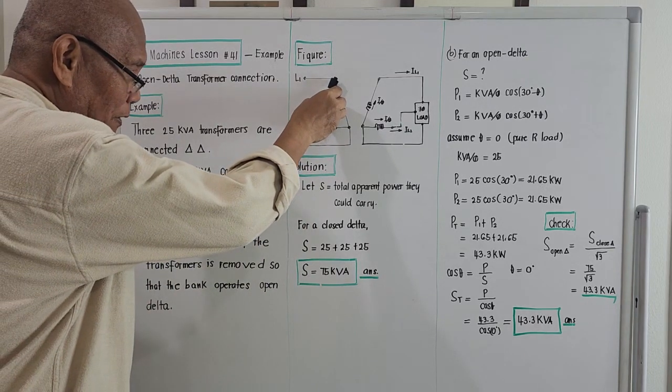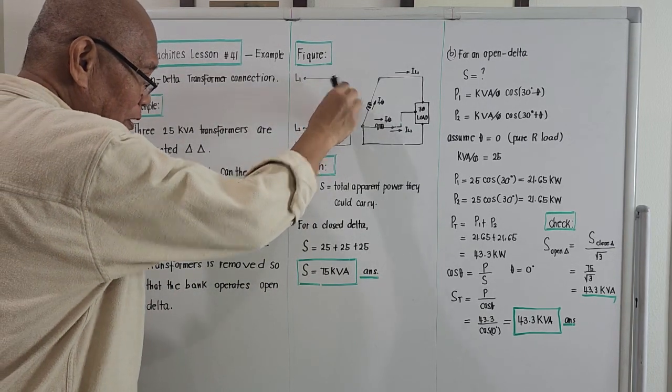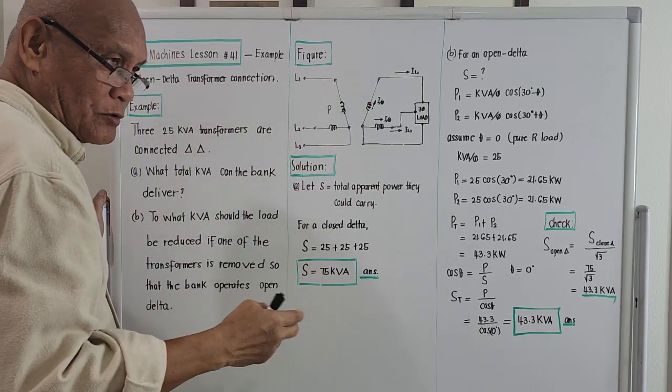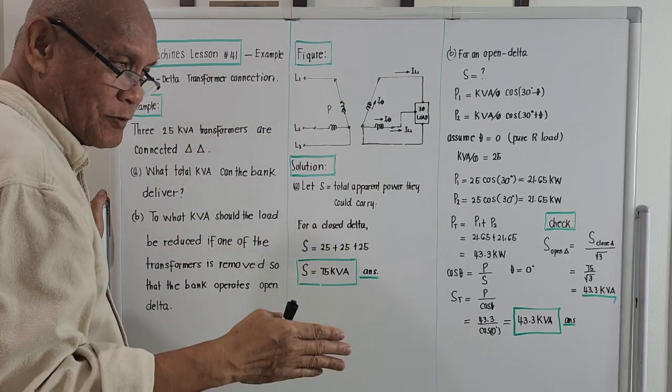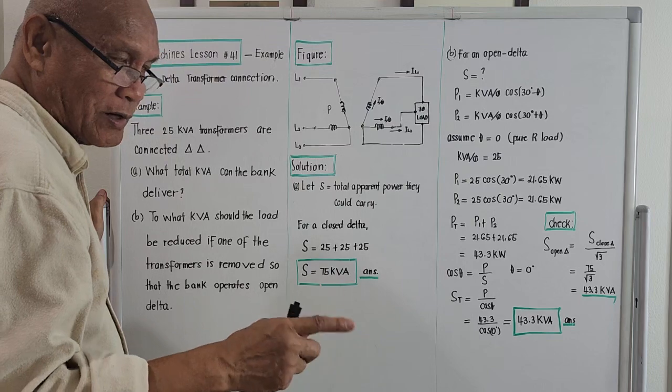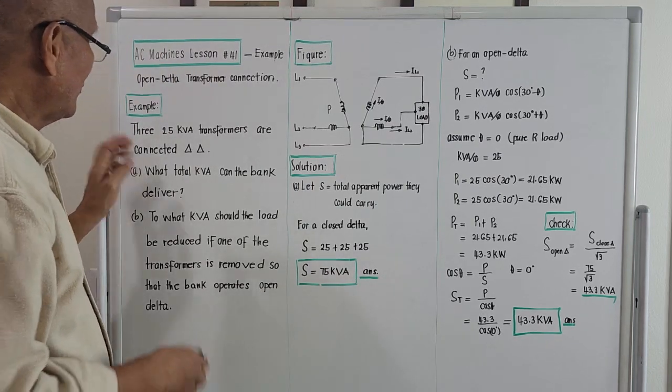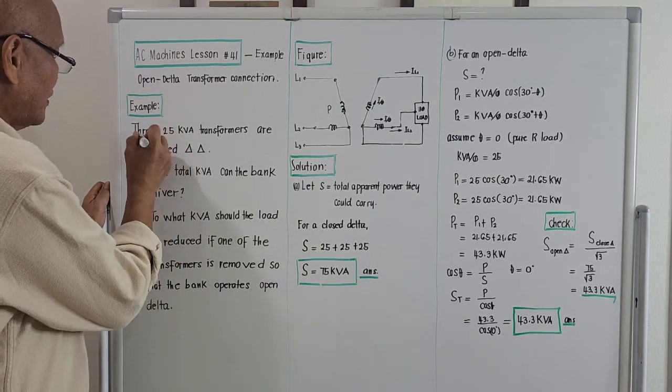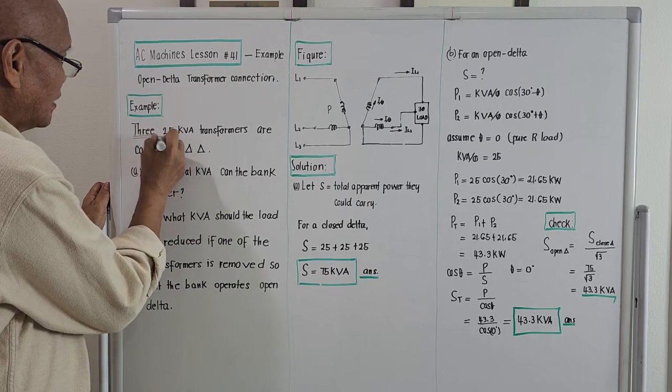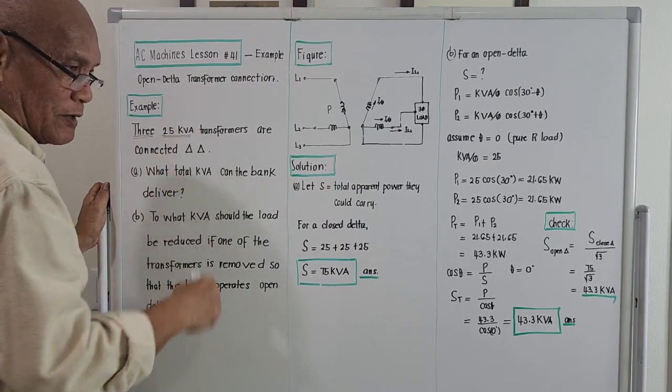Since it is a closed delta, the total apparent power that could be carried by each phase is the same. If the problem is asking for the total apparent power, we take the summation, because we are given 3 transformers and the rating of each is 25 kVA.